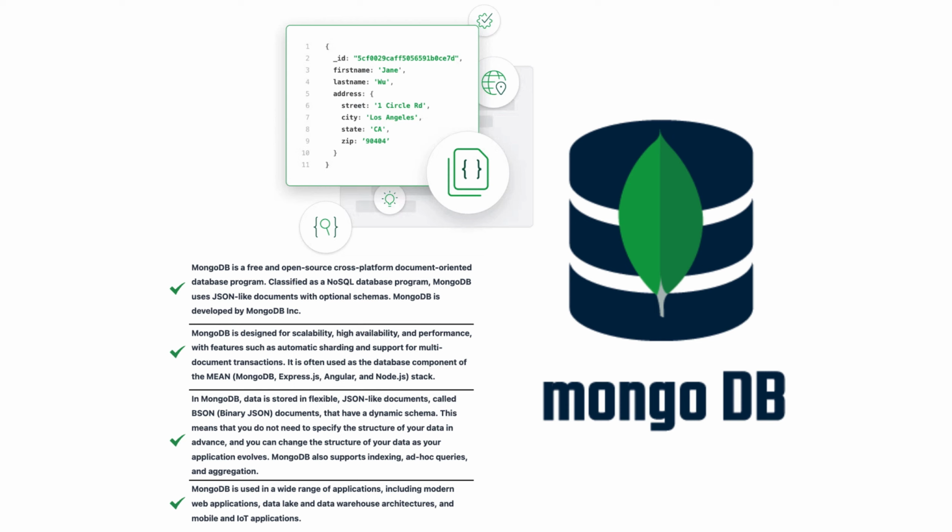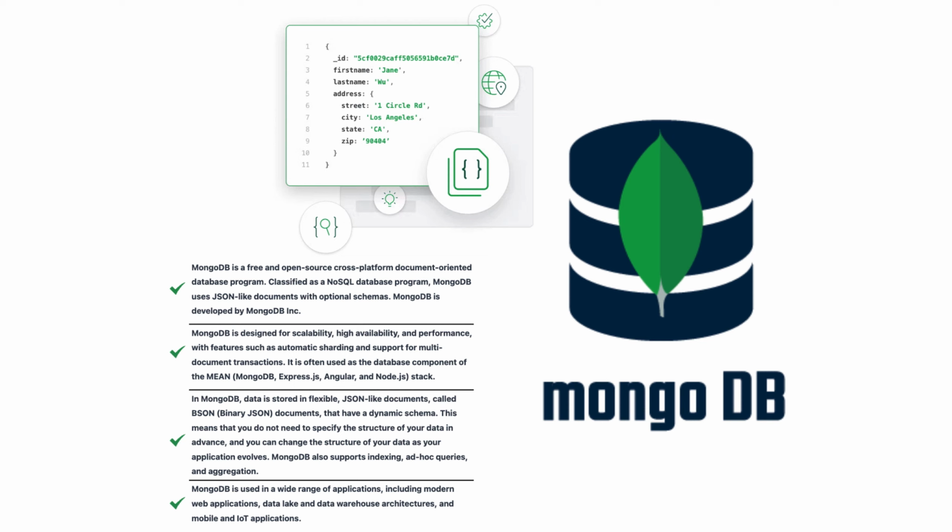Then, MongoDB is designed for scalability, high availability, and performance, with features such as automatic sharding and support for multi-document transactions. It is often used as the database component of the MEAN stack, which is MongoDB, Express, Angular, and Node. So in MongoDB, data is stored in flexible JSON-like documents. We call them BSON, which is binary JSON documents, that have a dynamic schema.